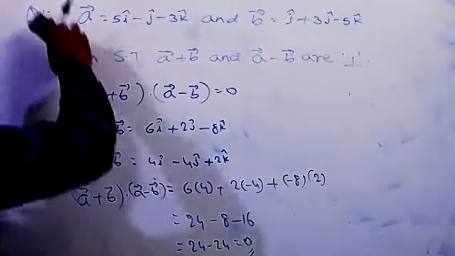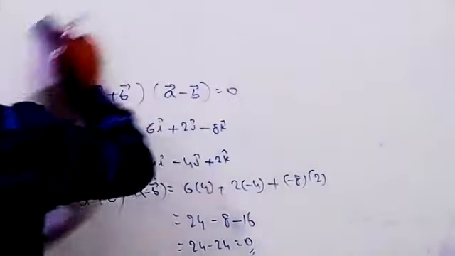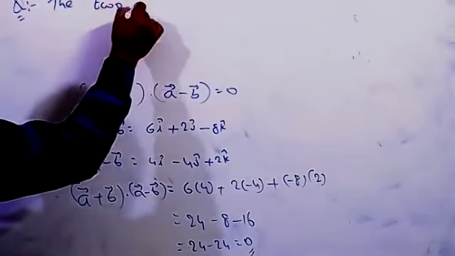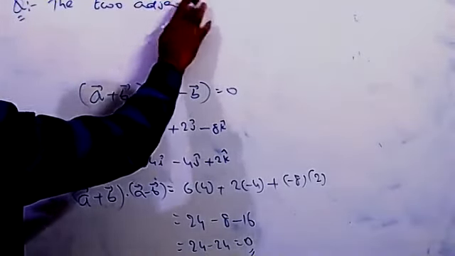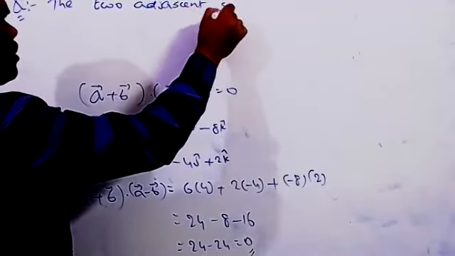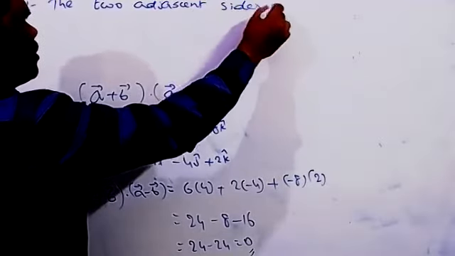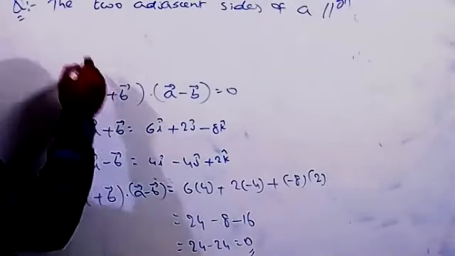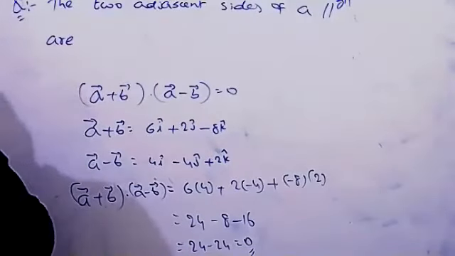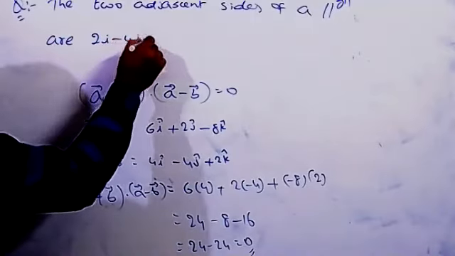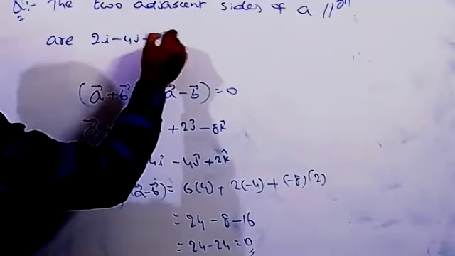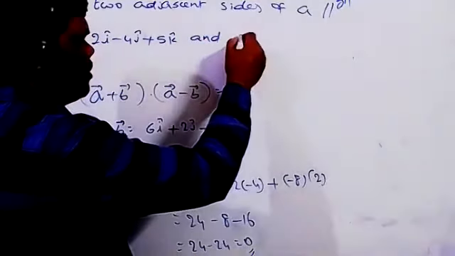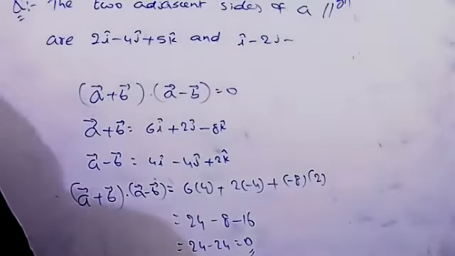Next, one more. The two adjacent sides of a parallelogram are 2i minus 4j plus 5k and i minus 2j minus 3k.